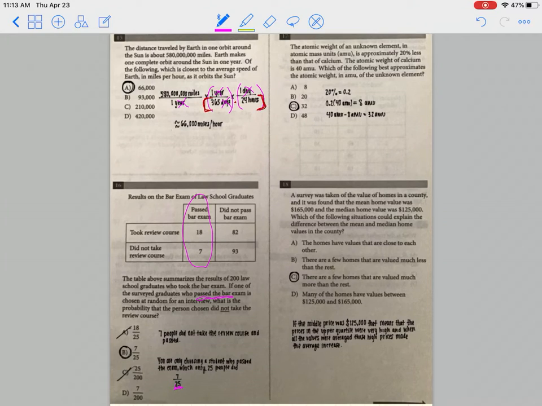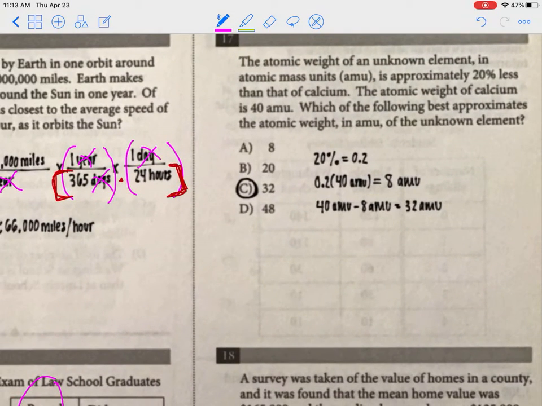I do like how 17, you're talking about percents here. Atomic weight of an unknown element is, so I'm going to say the unknown element equals, in math, 20% less than calcium. So if you're 20% less, you're 80% of calcium. So this was one way to do it.